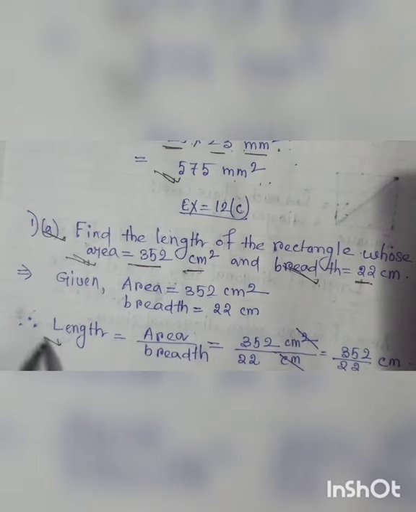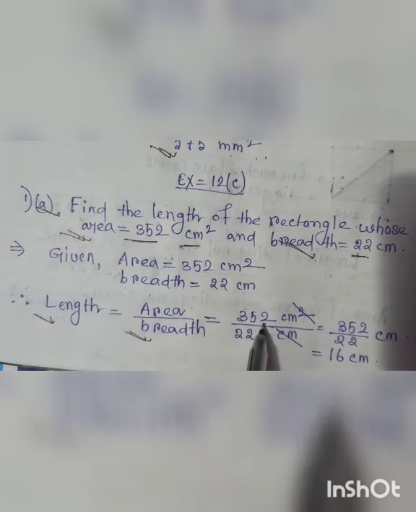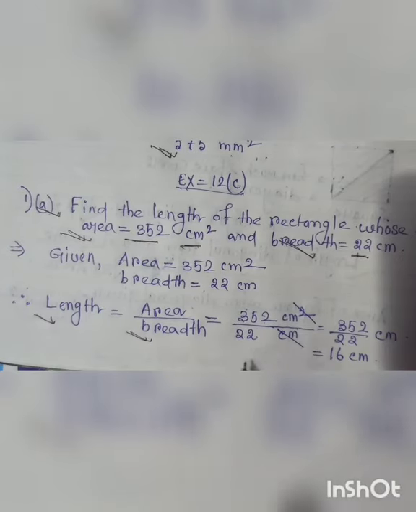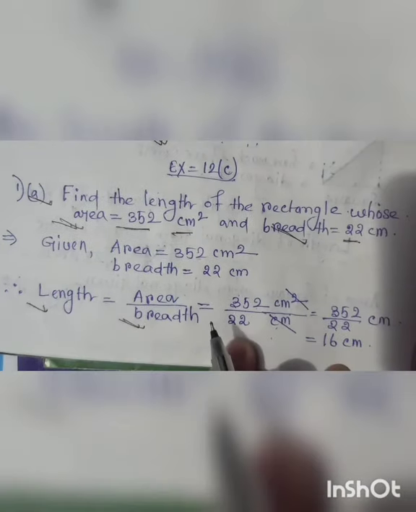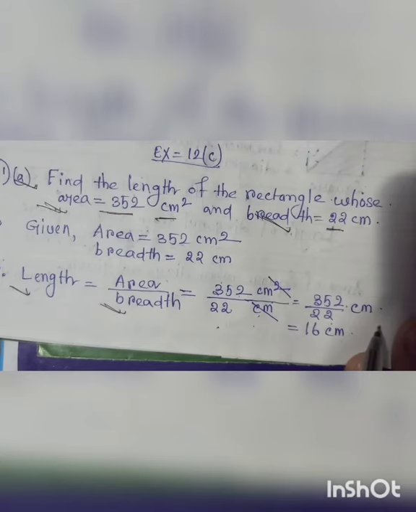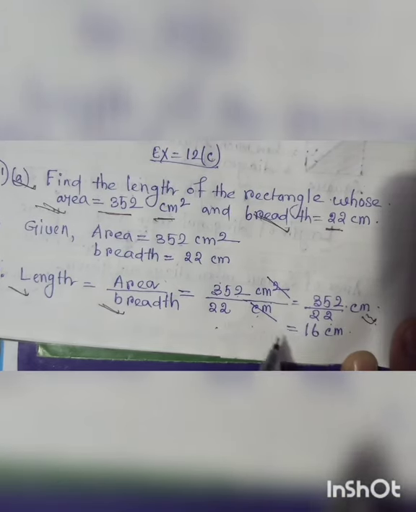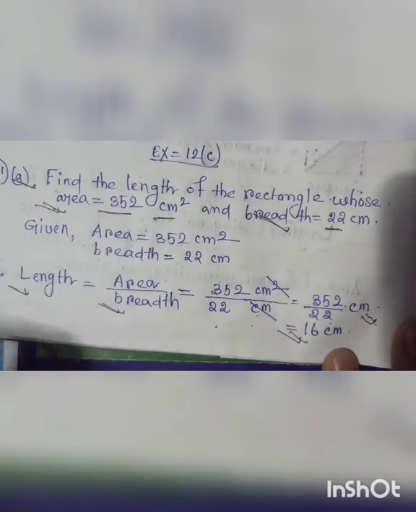We know the formula: length is equal to area by breadth. Area means 352 cm square, breadth means 22 cm. One centimeter is cancelled, so you have 352 by 22 centimeter. If you divide it directly, you will get 16 centimeter.